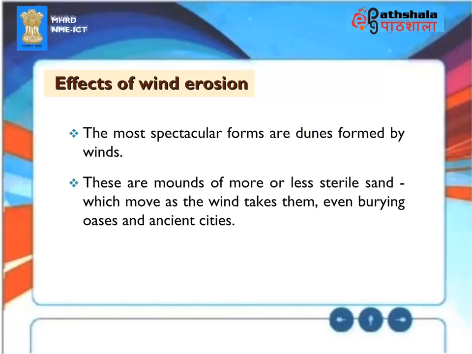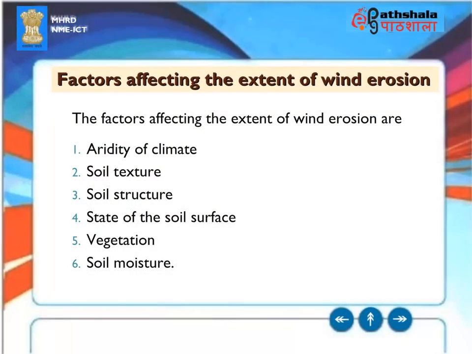Factors affecting the extent of wind erosion. The factors affecting the extent of wind erosion are aridity of climate, soil texture, soil structure, state of the soil surface, vegetation, and soil moisture.